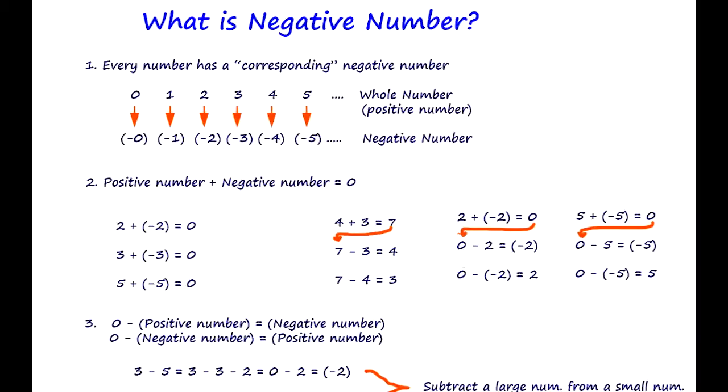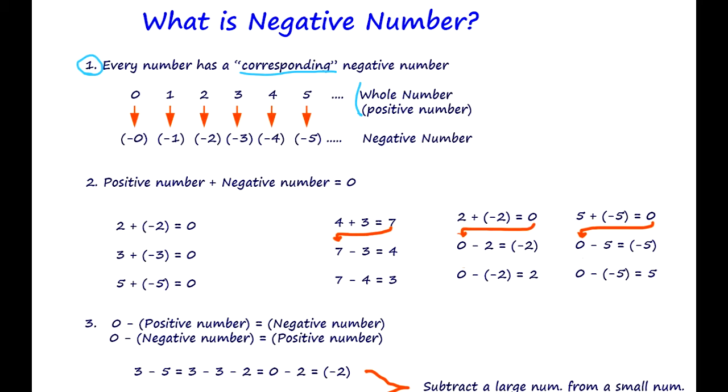Number one: every number has a corresponding negative number. We have the whole numbers 0, 1, 2, 3, 4, 5. Every number has a paired or twin number. 0 has negative 0, 1 has negative 1, 2 has negative 2, and so on.